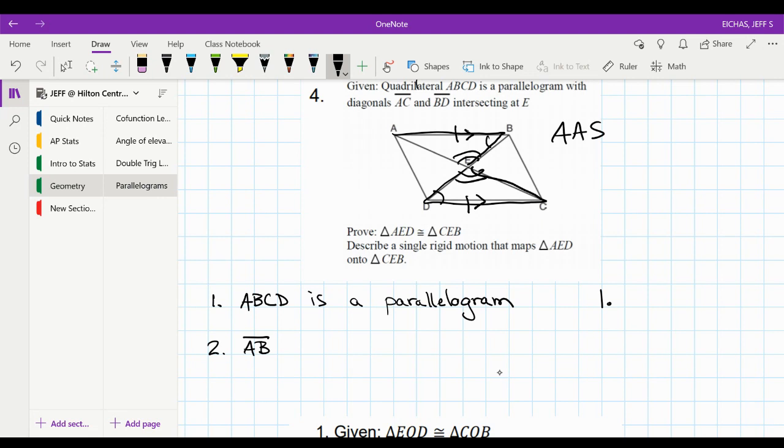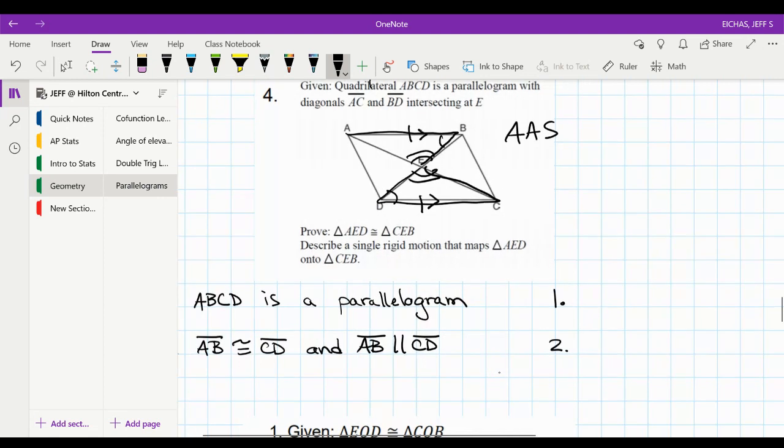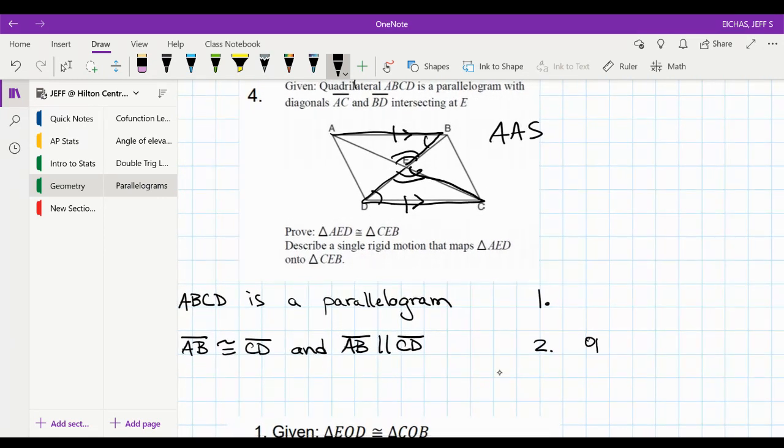So AB is, first, it's congruent to CD, and it's also parallel. Now, this is new to you guys, so I'll do this one. Okay, opposite sides of a parallelogram are parallel and congruent.